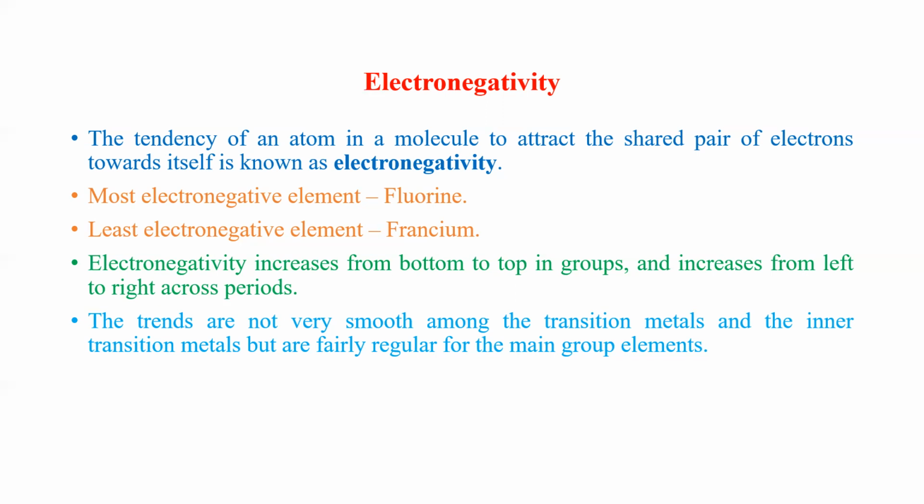Even if these trends are not very smooth among the transition metals and the inner transition metals, for other elements this trend is fairly regular. It is almost regular and it follows as we have seen here. Electronegativity increases from bottom to top in groups and increases from left to right across periods.